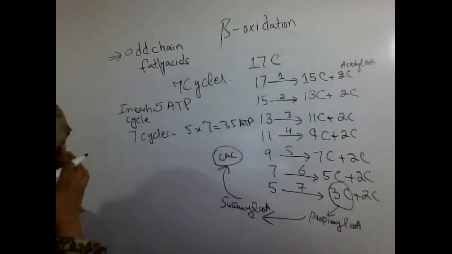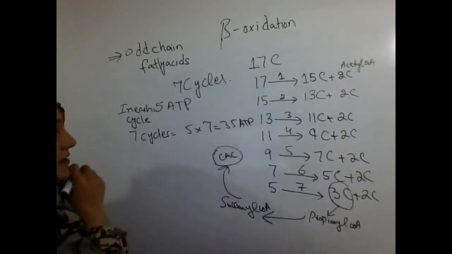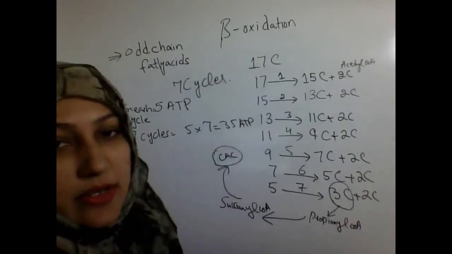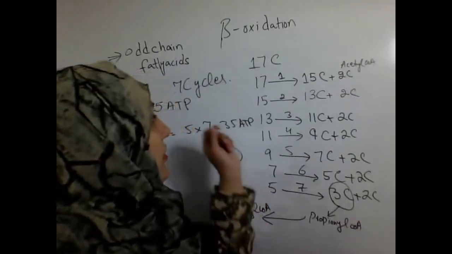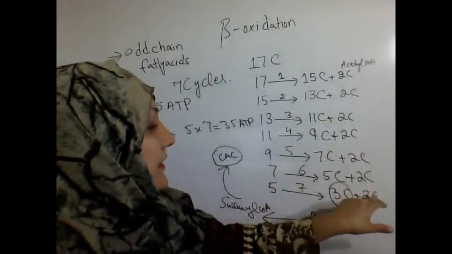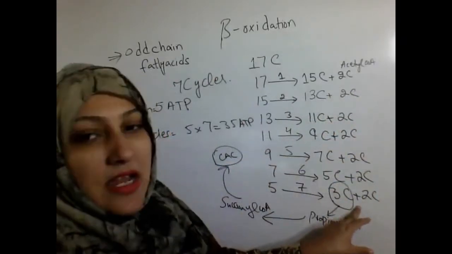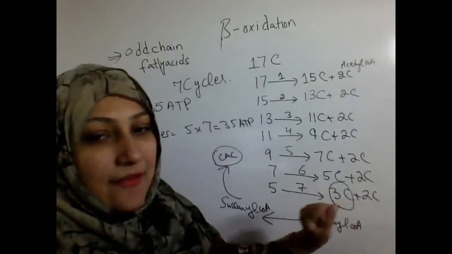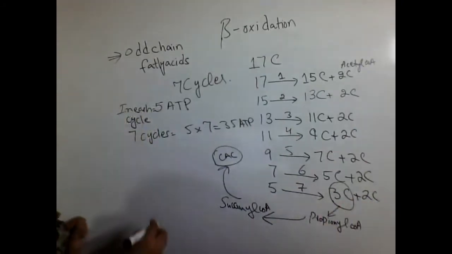Then how many acetyl CoAs are produced? Now there is 1, 2, 3, 4, 5, 6, 7. Rather than 8, there are 7 acetyl CoAs produced.